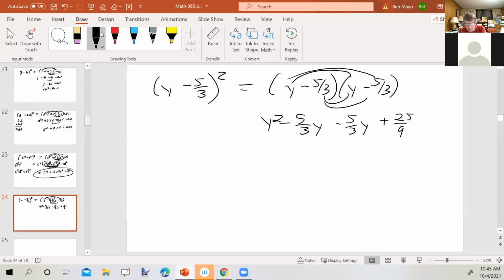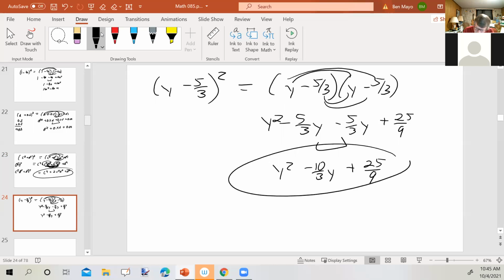Again, you multiply fractions straight across. Combining like terms, y squared minus 10/3 y plus 25/9. And again, I want to remind you that in WebAssign, in fact, typically, even not in WebAssign, you don't use mixed numbers for coefficients. So you would write y squared minus 10/3 y plus 25/9.